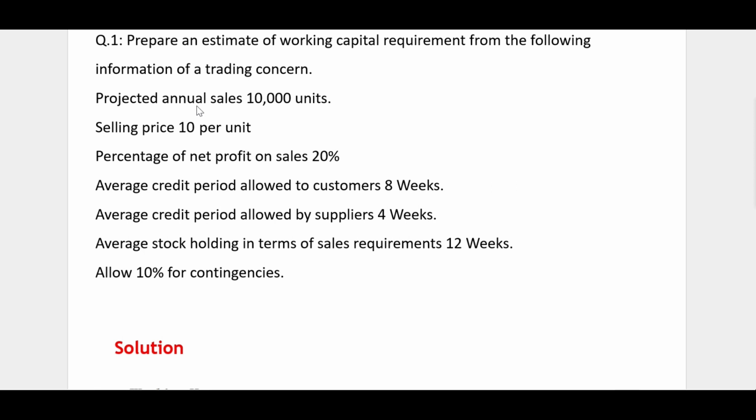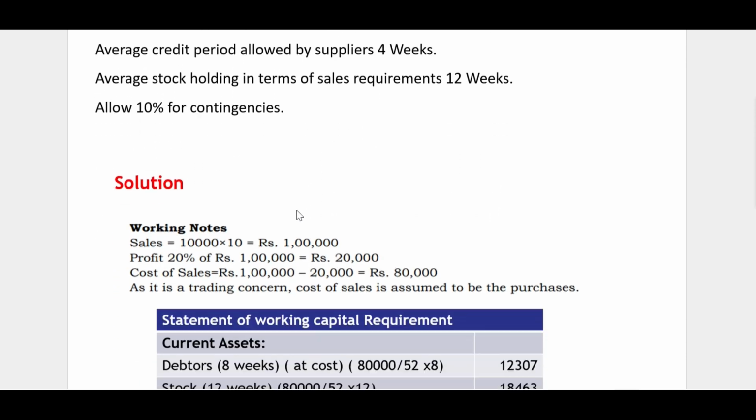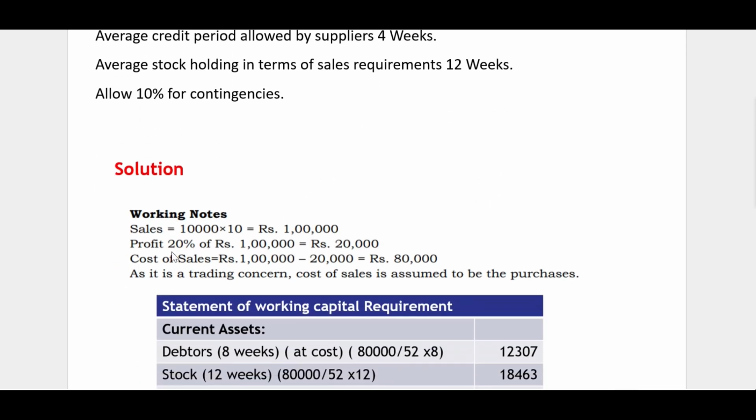Second, we are going to calculate the net profit on sales. The percentage of the profit on sales is 20%. So we should multiply 20% by sales, which is 100,000. So 20% multiplied by 100,000 will be equal to 20,000.